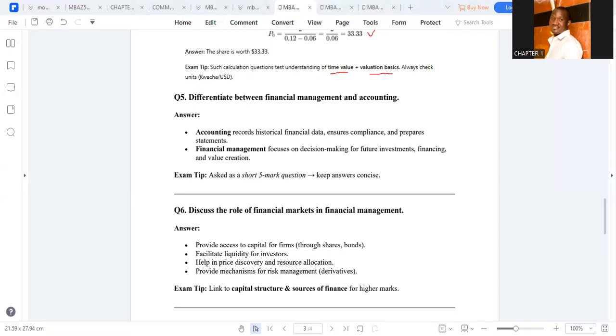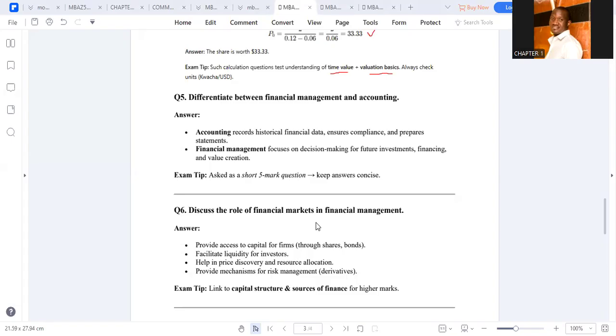Mainly, it reports data, whereas in financial management, you are giving strategic data that is going to help you make choices that will impact growth. And the scope of financial accounting is mainly financial statements and audit, whereas in financial management, you're looking at investment decisions, financing decisions, dividend decisions, and risk management. So you need to understand that.